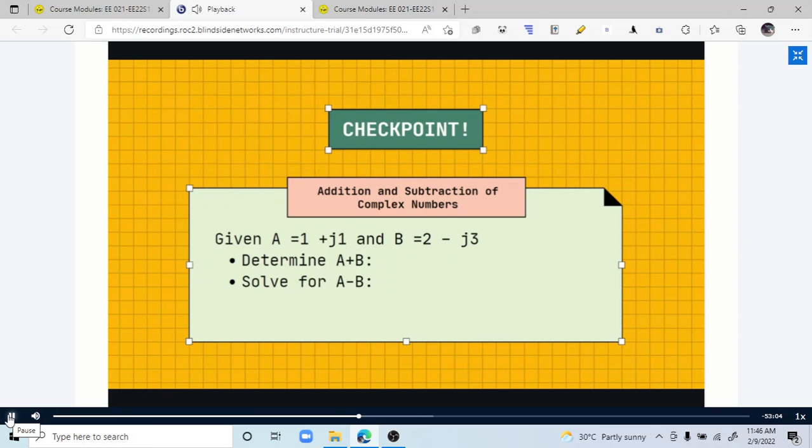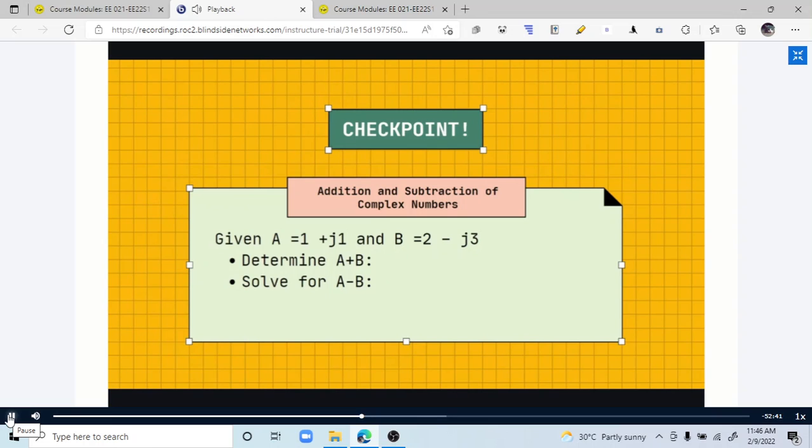Are you sure? Make sure of your answer. What is the answer, Russell? 4.12 angle 104.04. Why did you come up with 2.24?